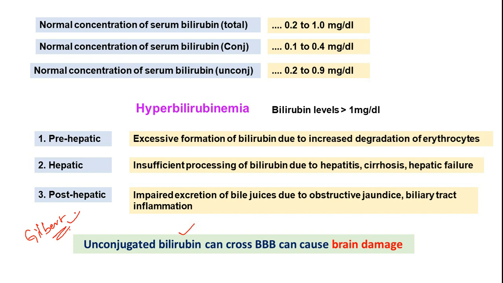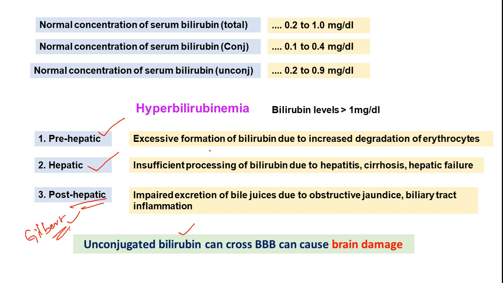Okay, the third one is posthepatic. So the spleen is working fine and the liver is also working fine, but what is happening is after the liver is supposed to release the diconjugated bilirubin into the bile juices. The chemicals that are released will be stored in the gallbladder. From the gallbladder it is supposed to be released into the duodenum, and through the duodenum to the small intestine.